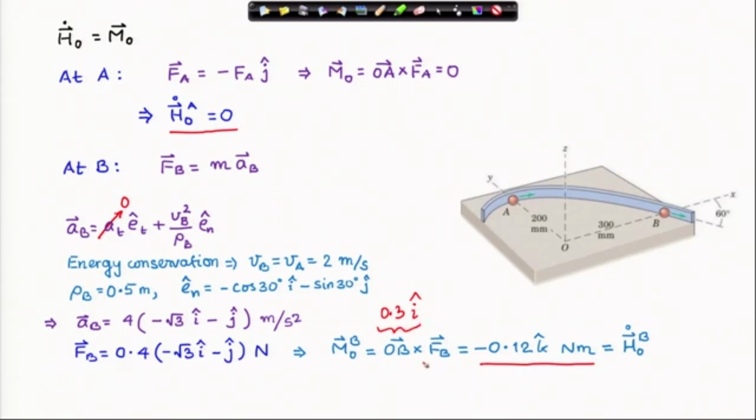Therefore, 0.3 i cap cross F B. i cross i is 0, i cross j is k, and therefore, it is minus 0.12 k Newton meter.